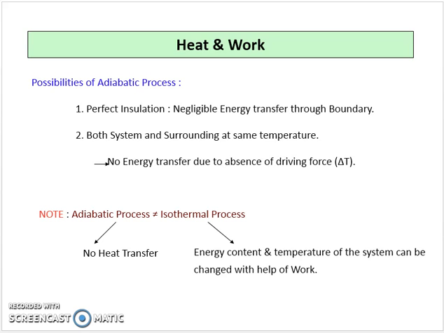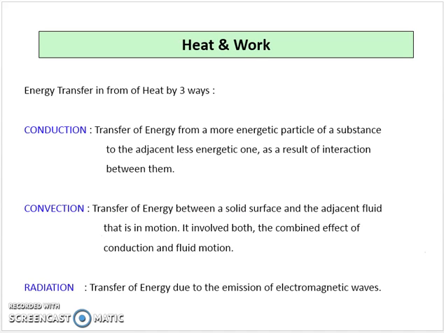In adiabatic, there is no heat transfer, but the energy content and temperature of the system can be changed with the help of work. Energy transfer in the form of heat occurs in three ways: conduction, convection, radiation. Generally, energy is transferred from high temperature to low temperature region, but the medium is different. If the medium is solid, that is known as conduction. If the medium is fluid, that is known as convection. If there is no medium, that is electromagnetic wave, that is known as radiation.